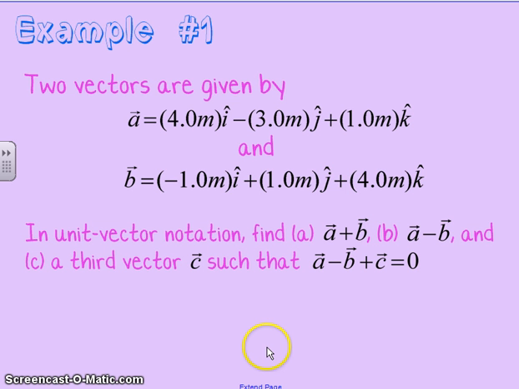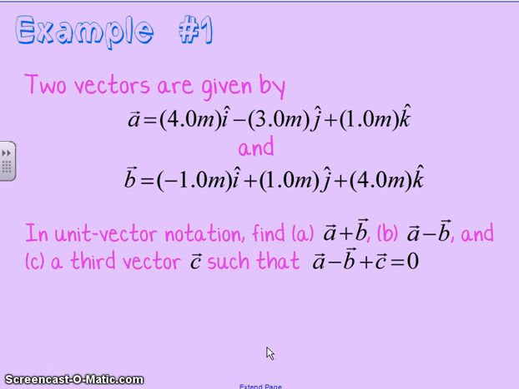So let's look at an example. We're given 2 vectors here. A is 4 i hat minus 3 j hat plus 1 k hat, all in meters. B is negative 1 i hat plus 1 j hat plus 4 k hat, all in meters.